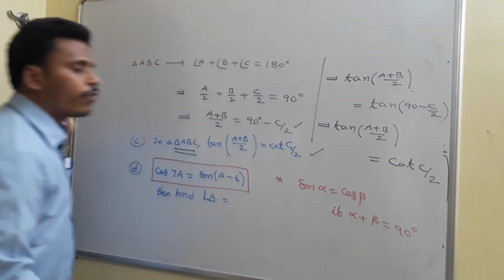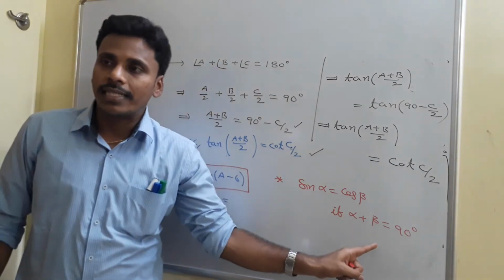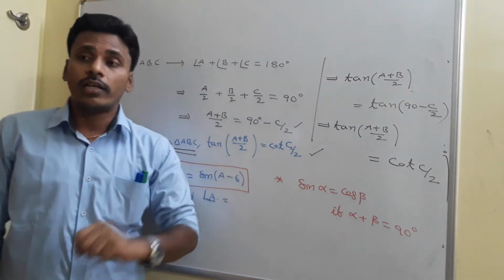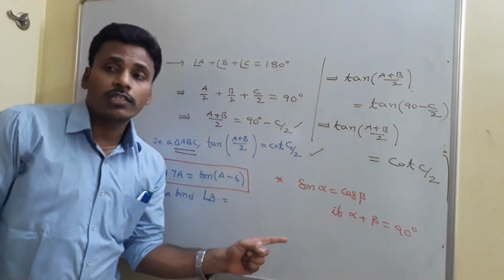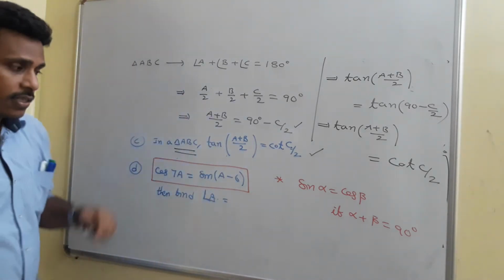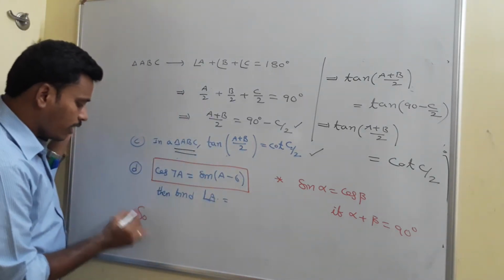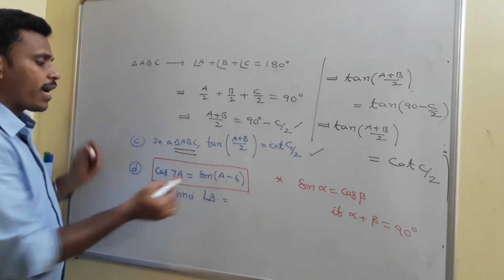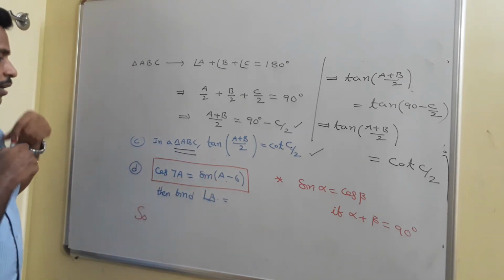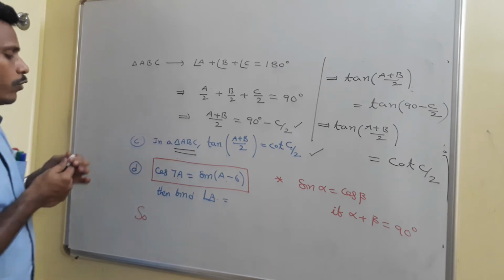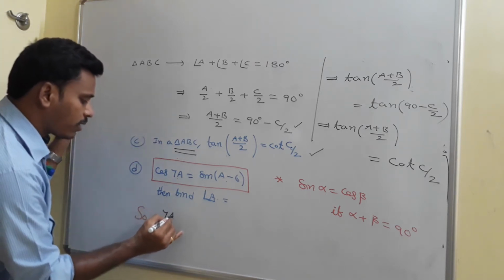It is an if and only if condition. If alpha plus beta is 90, then for sure sin alpha is cos beta. If sin alpha is cos beta, then the sum of the angles is 90 degrees. So in this particular case, the sum of the angles should be 90, right? Since cos and sin are equal, you need to equalize the sum of the angles.